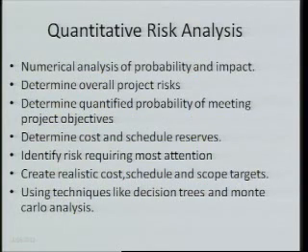It identifies the risk requiring the most attention, looking at the risk impact matrix, whatever you have generated in the qualitative risk analysis. It creates a realistic cost, schedule, and scope target for the project.